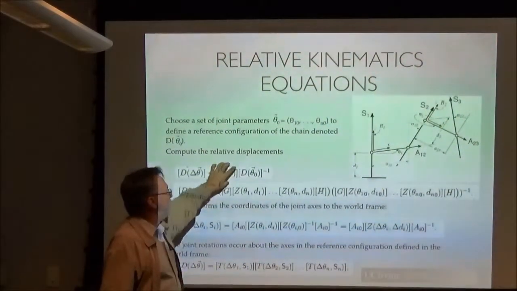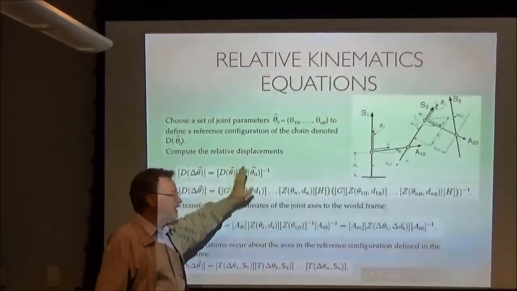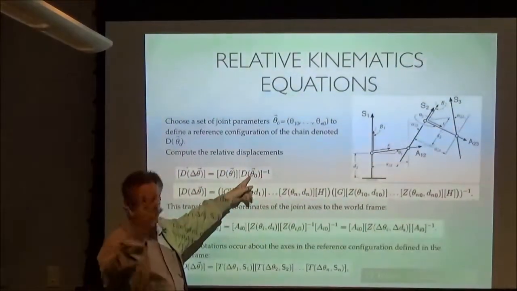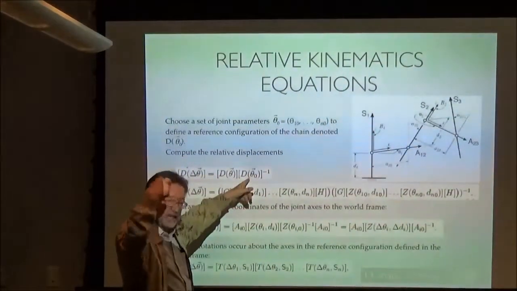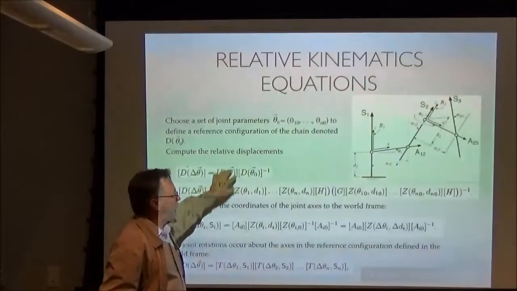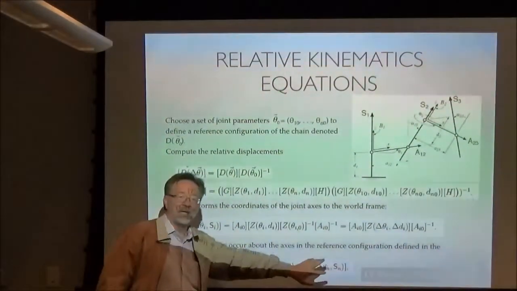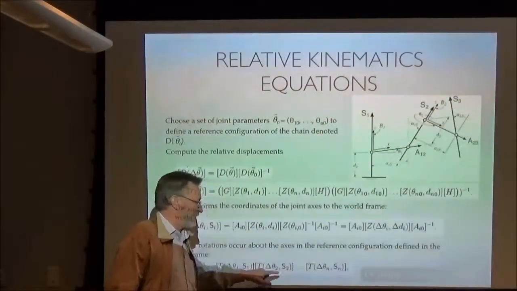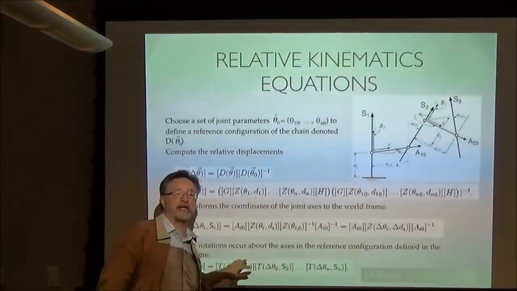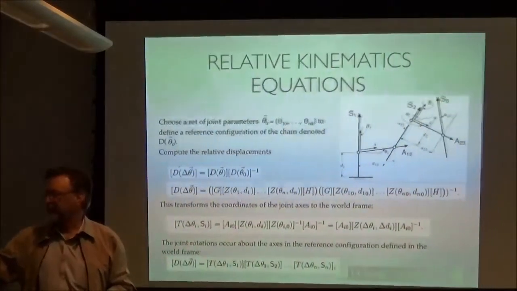So you just take your kinematics equations and multiply by the inverse of whatever joint angles define your reference position. They could be 0, but they could be anything. Okay. You multiply by the inverse, you group it, and what you get is a sequence of relative transformations.